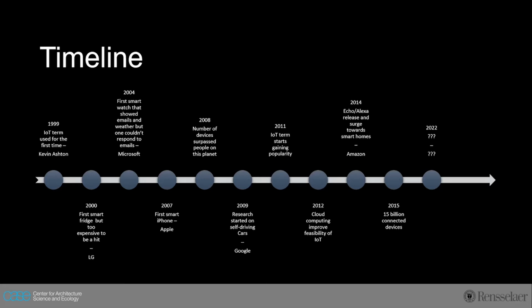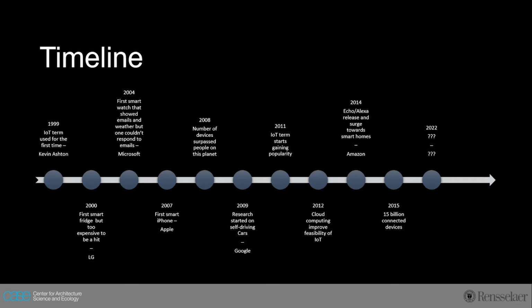And I'm assuming some of you may have been born around that year. 2008 was the year when devices surpassed the human population. In 2009, we started research on self-driving cars. 2011 was the year when the term actually started gaining popularity. Before that, we were working on smart devices, but Internet of Things wasn't a popular term.